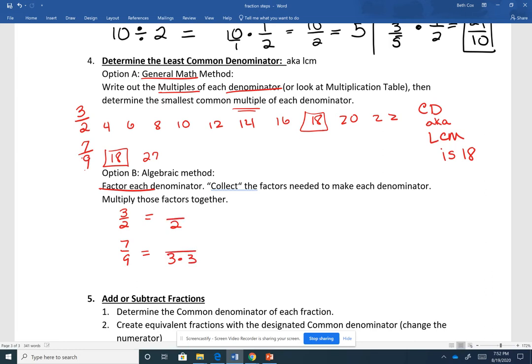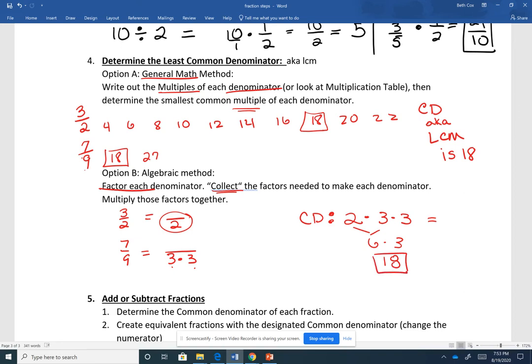Okay, and so then we collect the factors that we need. So for my common denominator, I need 2. I need both of those 3s. And when I multiply them together, lo and behold, there's my common denominator.